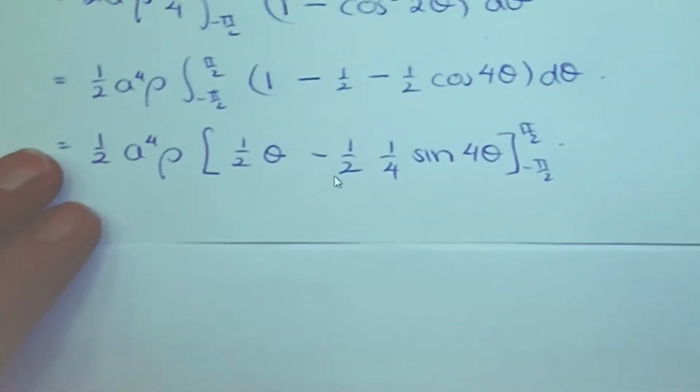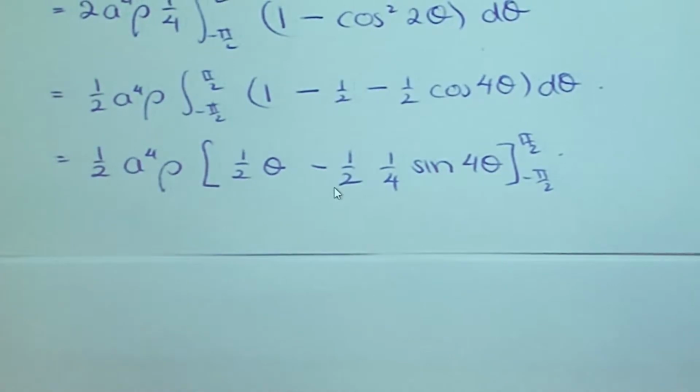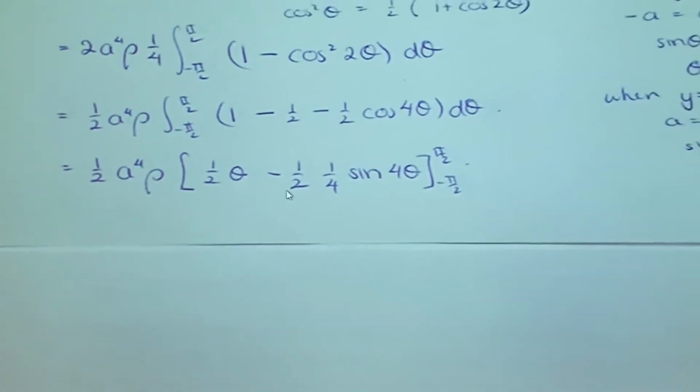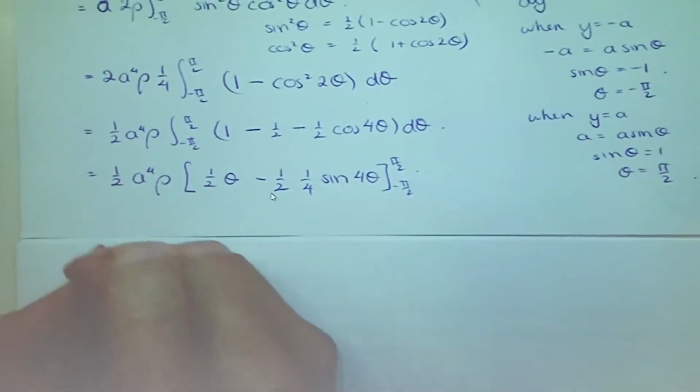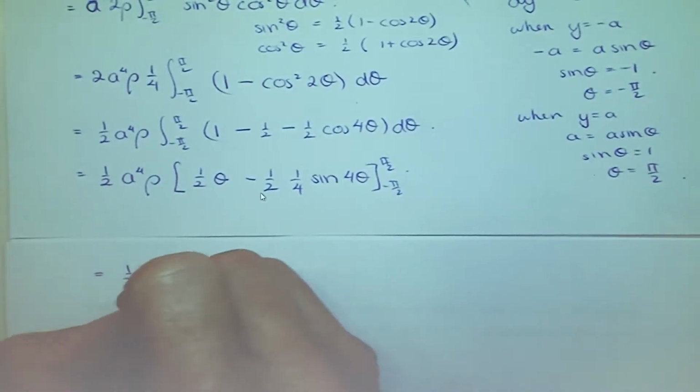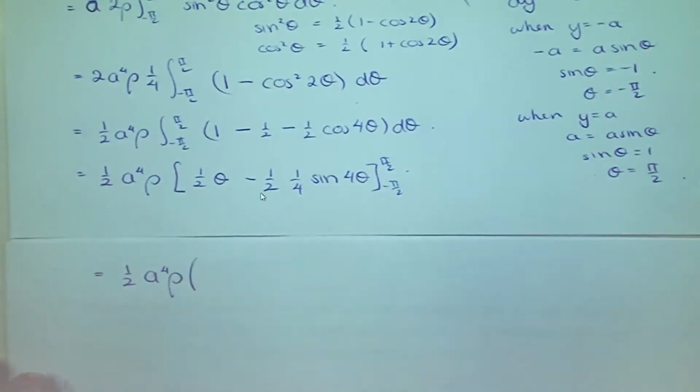Okay. Nearly done. Nearly done. All we have to do is substitute in, and pi on 2 gives us some nice numbers, right?